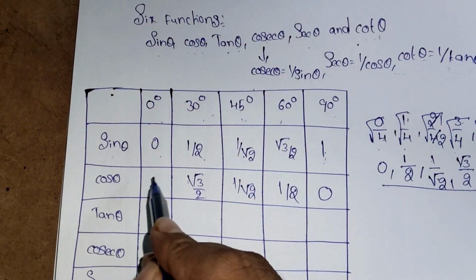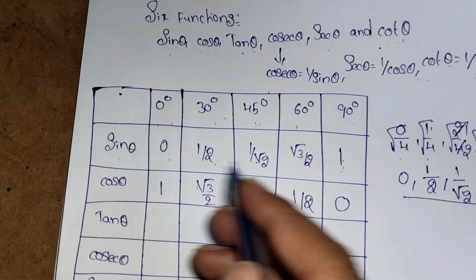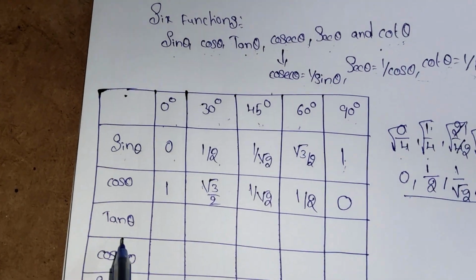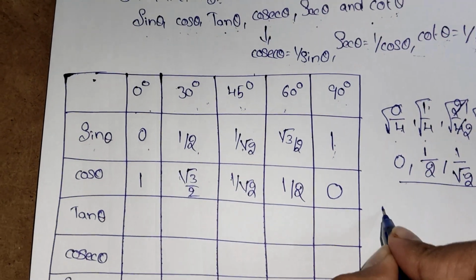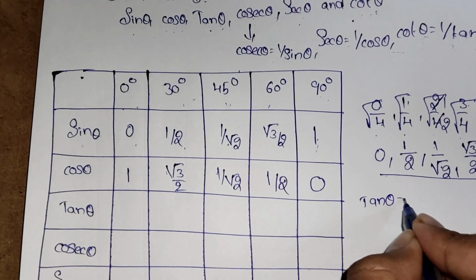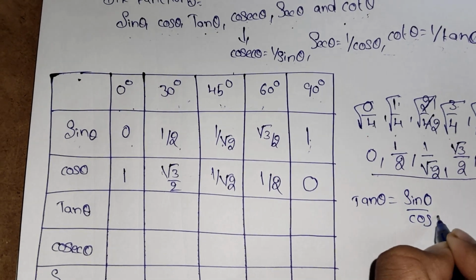And let us find the tan theta values. Before going to tan, we should remember that tan theta equals sin theta by cos theta.